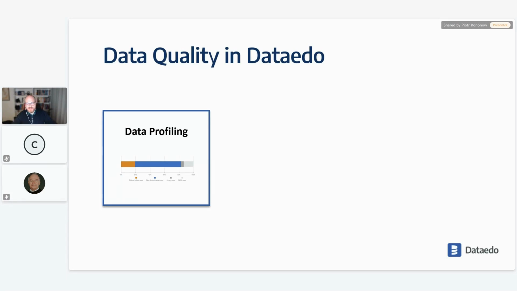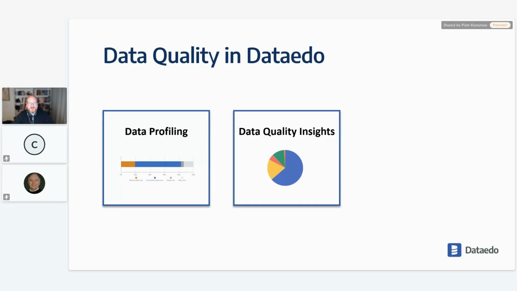This is a scan of the data to give you a snapshot of the shape of the data. Then we recently introduced data quality insights. It is a dashboard using data from the data profiling to highlight some elements that could be potentially problematic, or something that you might want to look into.